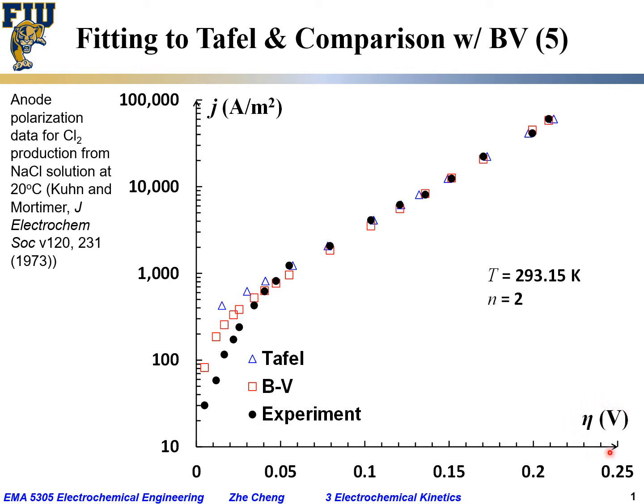Okay, that's the overpotential, and the vertical or y-axis would be current density in the unit of amps per meter square, and I'm plotting the current density in log scale from 10 to 100 to 1000 to 10,000 to 100,000 amps per meter square in log scale.